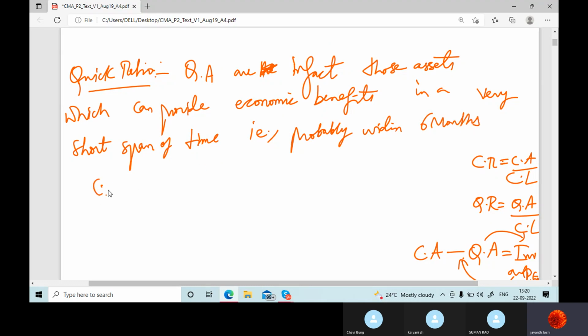That means if current assets would take 1 year to provide economic benefits to you, quick assets can take around 3 to 6 months to provide economic benefits to you.